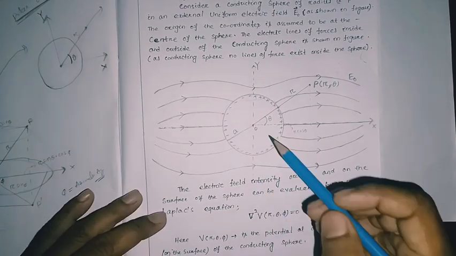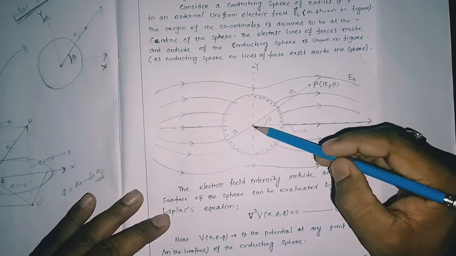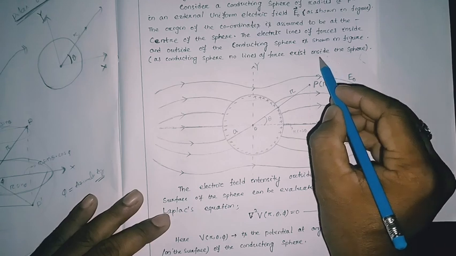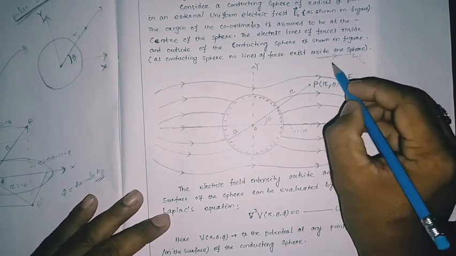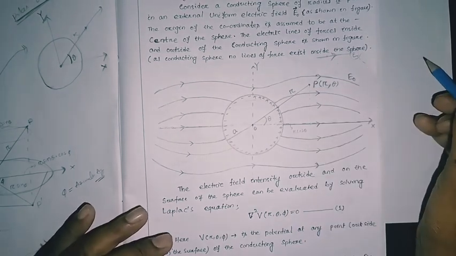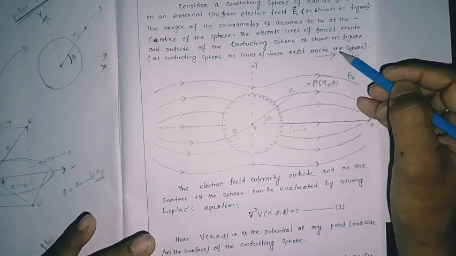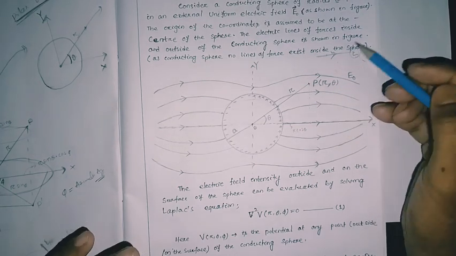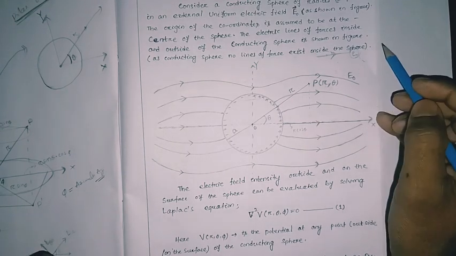Here you can watch carefully. If I go farther from the origin, the electric lines of force are not going to bend, they will be straight lines. If it is a straight line, that means the electric field intensity has only the x component, not the y component. So at larger distance, when distance tends to infinity, we consider only the x component.